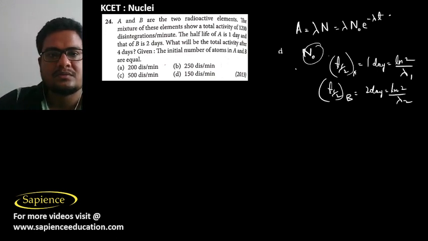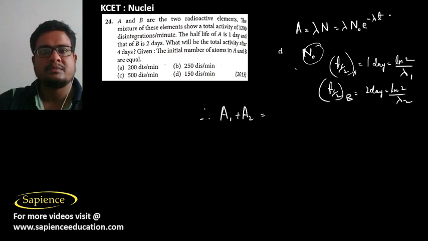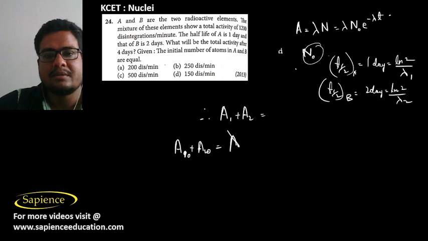Therefore, the total activity after 4 days will be A1 plus A2. The mixture of these elements shows a total activity of 1200, which means the initial activity A naught is A1 naught plus A2 naught, that is lambda 1 N naught plus lambda 2 N naught.